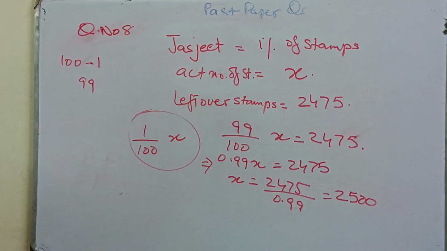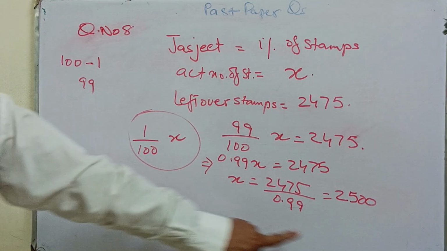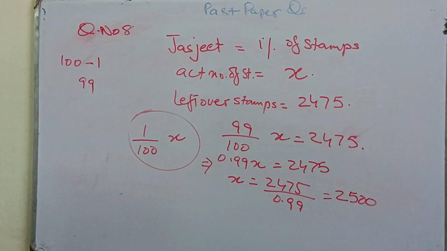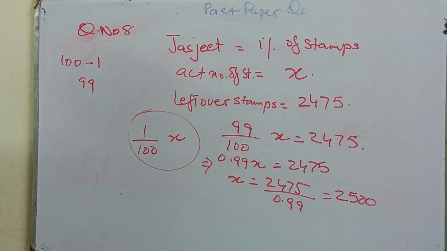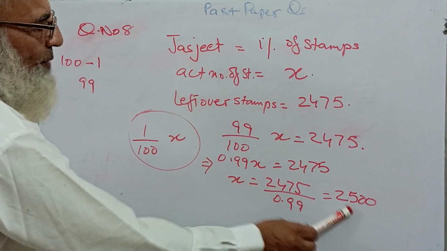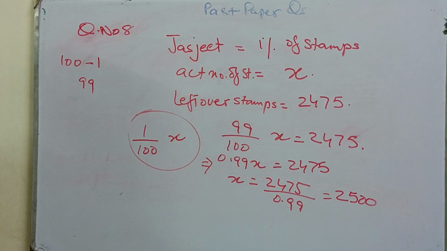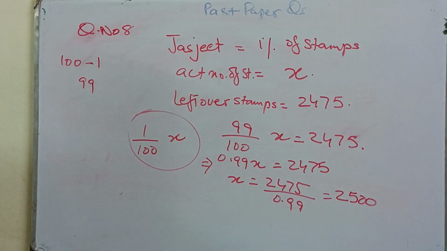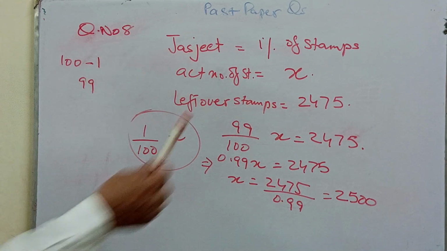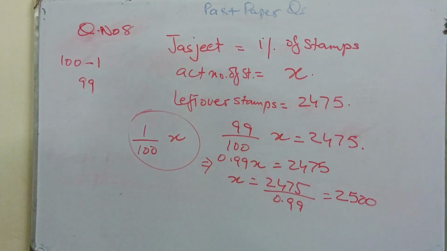Now, in fact, we have found X from this statement. X is what? Actual number of stamps. And the actual number of stamps was 2500. And what Jasjeet gave her is only 25 stamps.